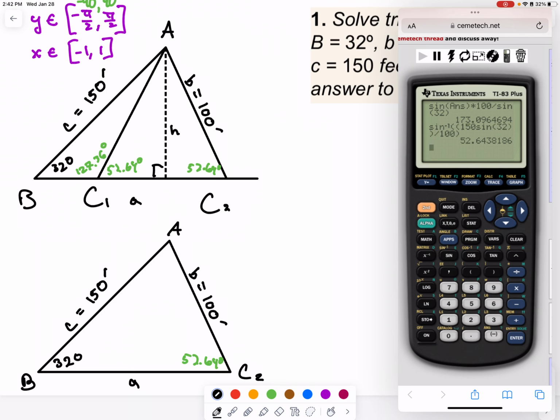So now if we want angle A, we'll say 180 minus that answer minus 32 to get this angle. So we get 95.36. I'll do that one in purple. This one we got 95.36 degrees. And then we could use the law of sines.